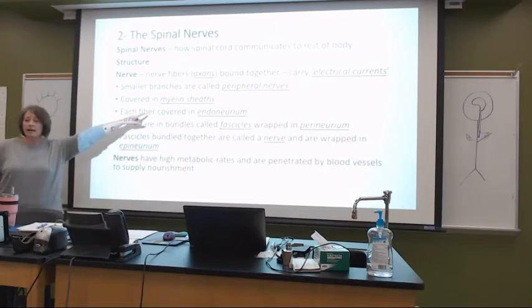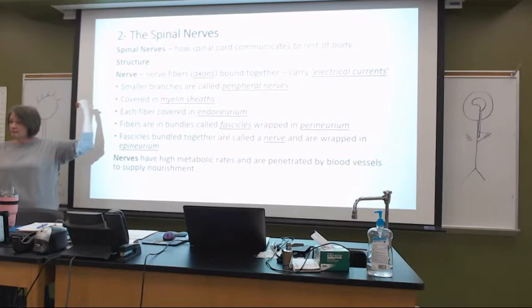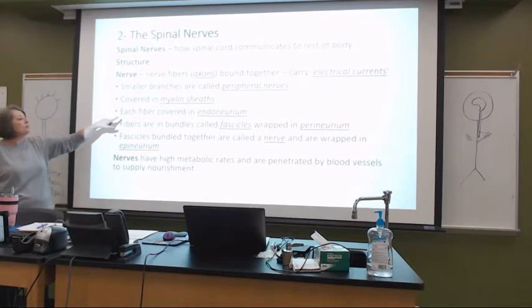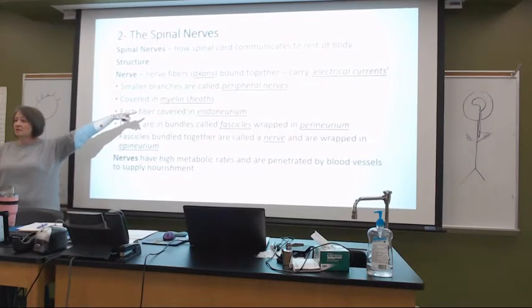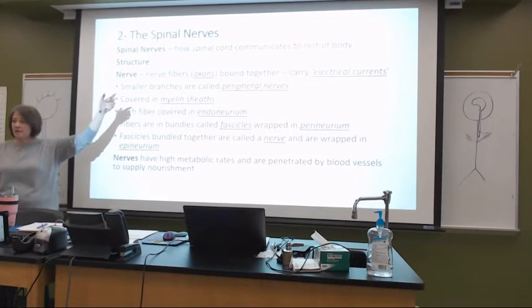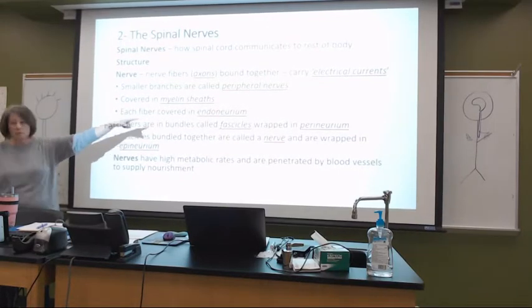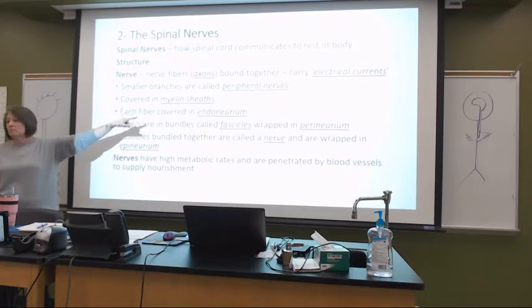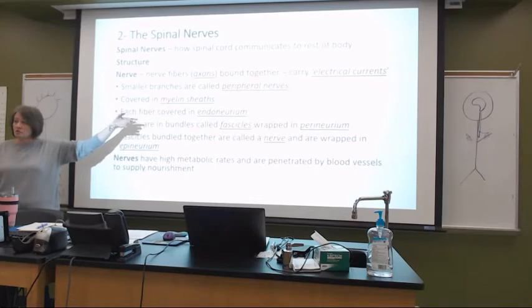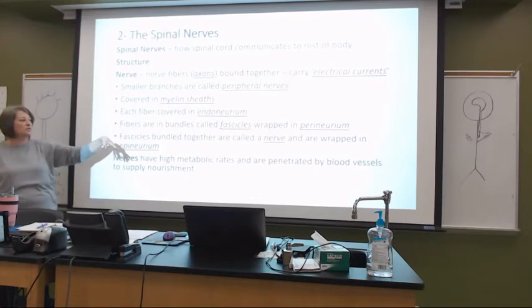They're covered in the myelin, which is made by the Schwann cell. The fiber itself is covered in my connective tissue wrapping of endoneurium. Fibers are in bundles called fascicles. Probably remember that from the muscles.